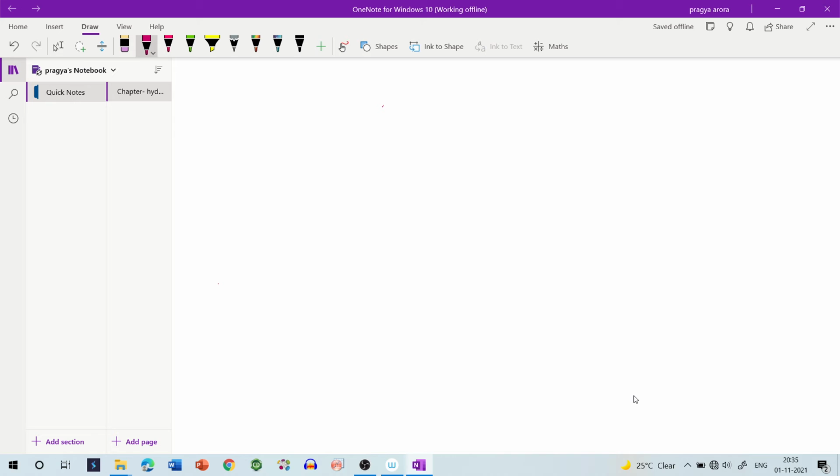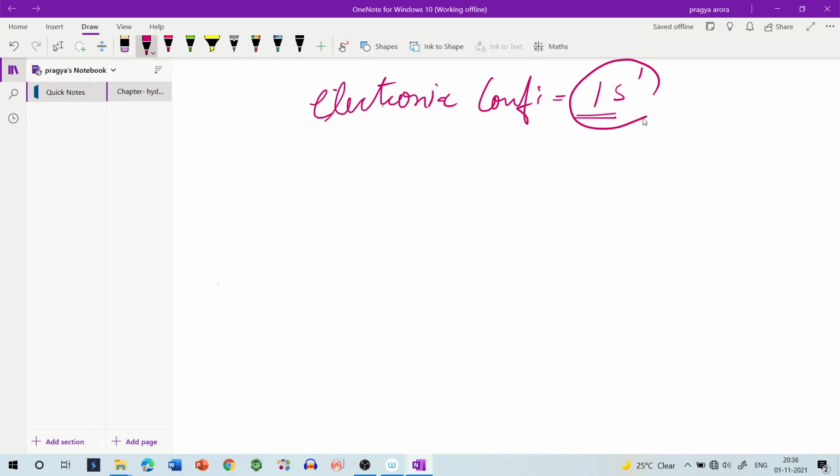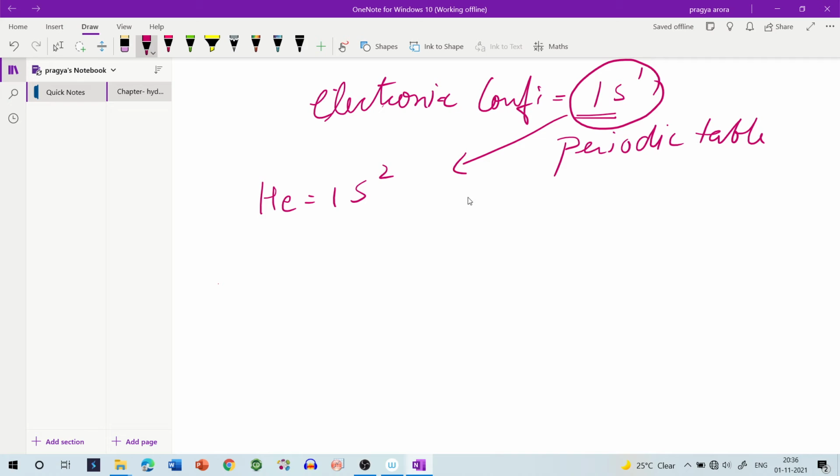So now comes the question: since the electronic configuration is 1s1, where should hydrogen be placed in the periodic table? Helium has an electronic configuration of 1s2, and hydrogen has one electron less than the noble gas configuration.